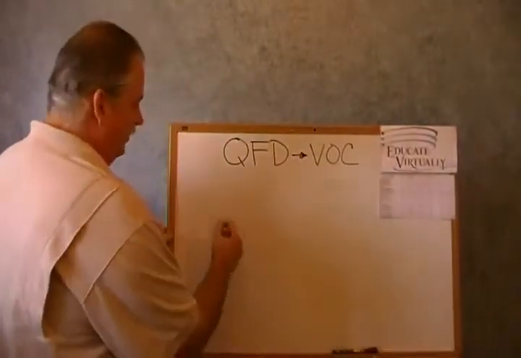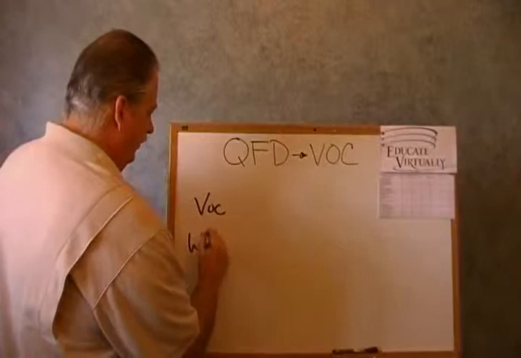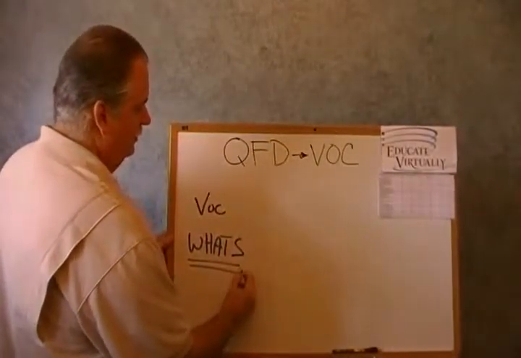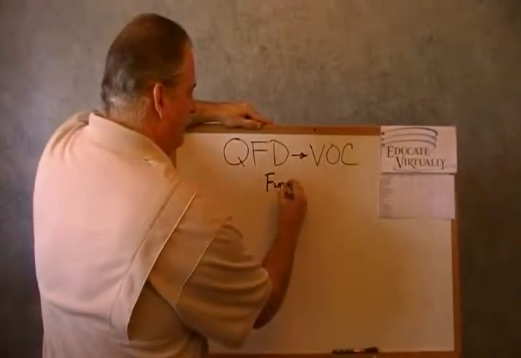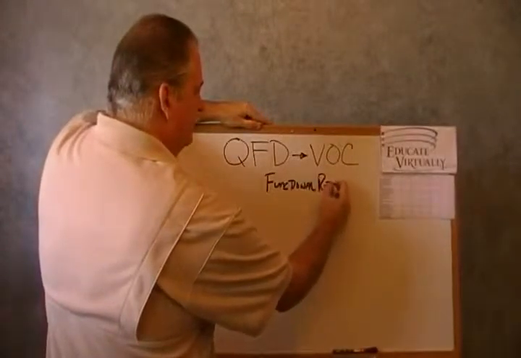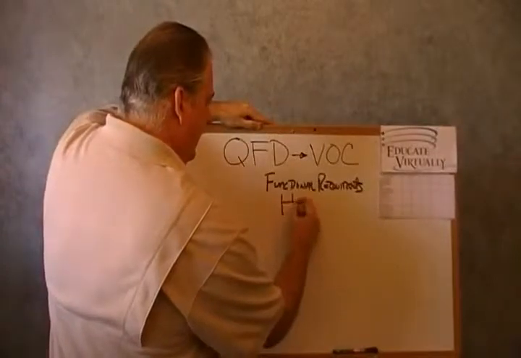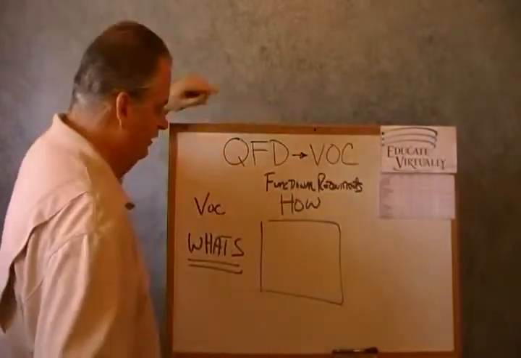So we're going to start with the voice of the customer, and we call those the what's. Those are the what's. And then up here, we're going to begin with our functional requirements, and that is the how. And we'll have this matrix right here.